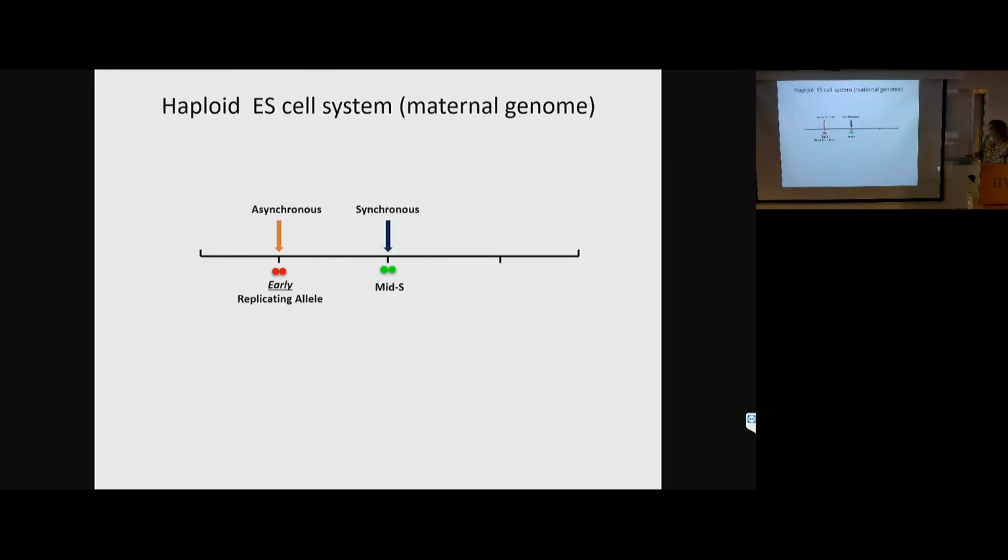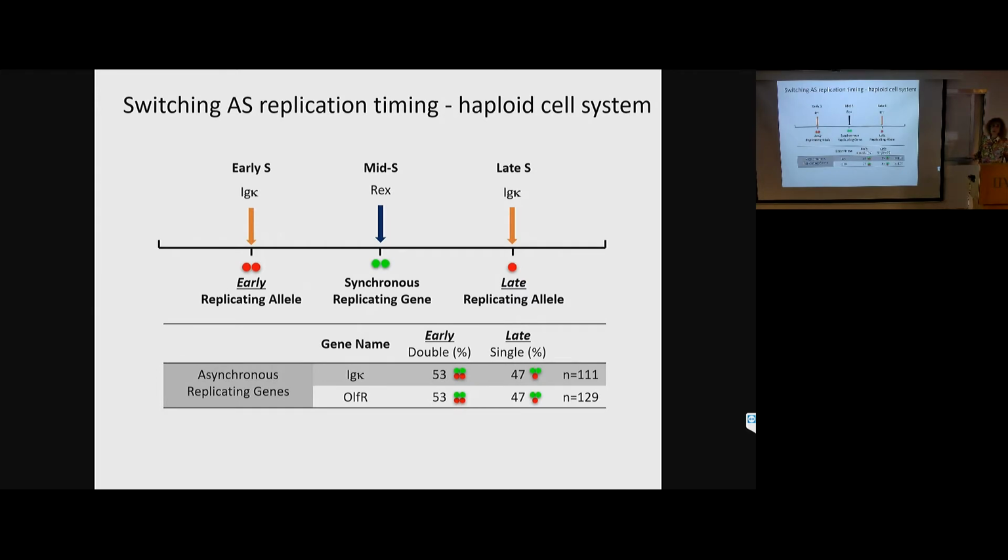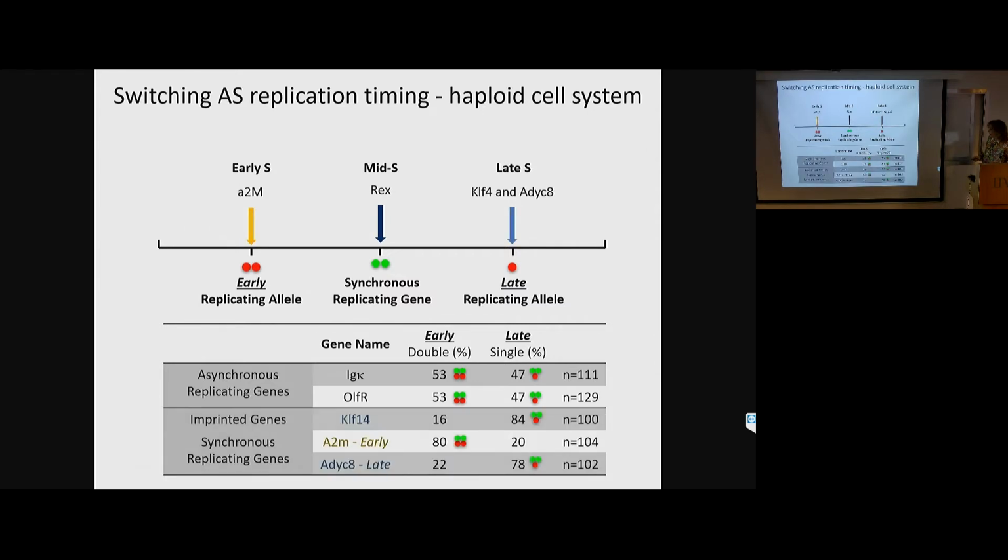But if we get this picture that we have double-double, it means that the asynchronous replicating region replicates prior to the control. So we scored this phenotype, and you can see for two types of loci that replicate asynchronously, that about 50% are early replicating and 50% are late replicating, and we had the right controls, those that replicate early and those that replicate late, and imprinted loci that don't change.